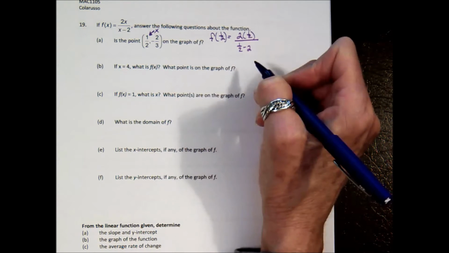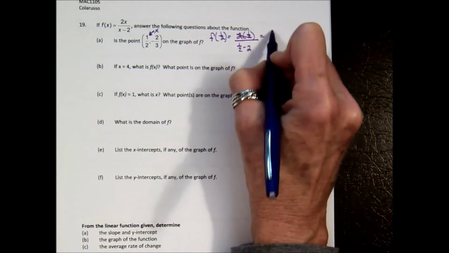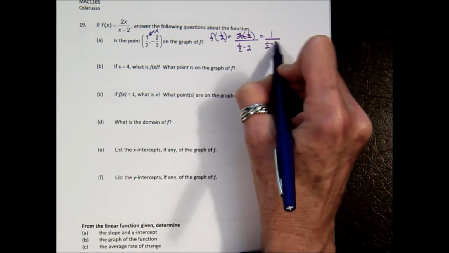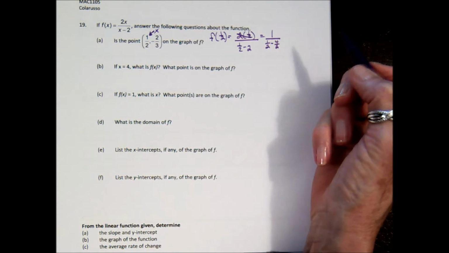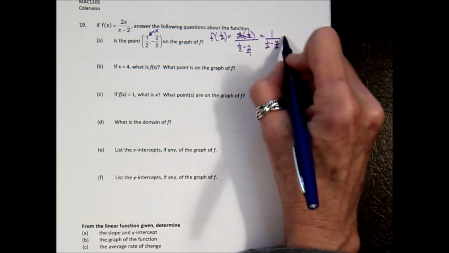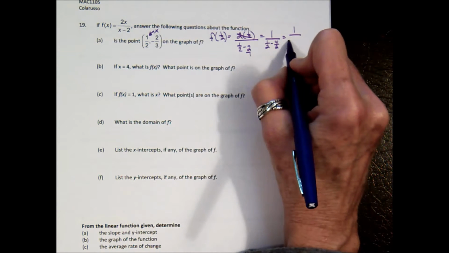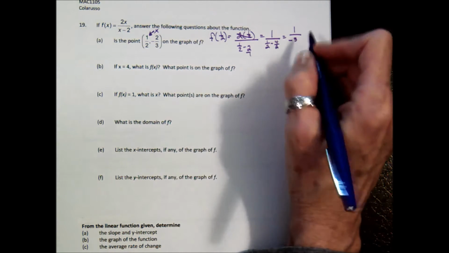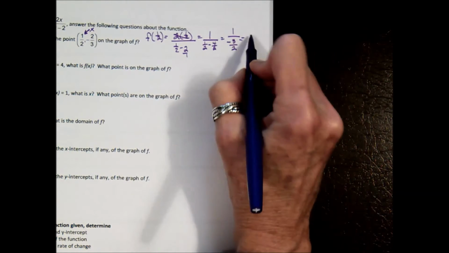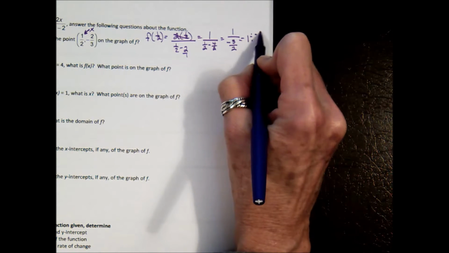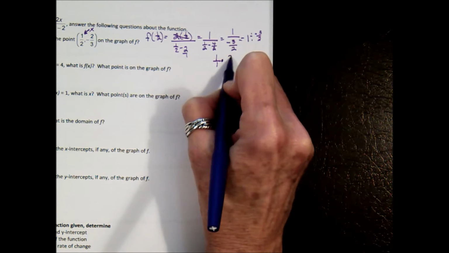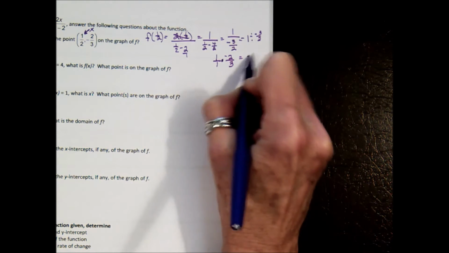Well, that gives me 1 over 1/2 minus 4/2. You find an LCD. So you're going to end up with 1 over -3/2, which is 1 divided by -3/2. Keep, change, flip, and I end up with -2/3.